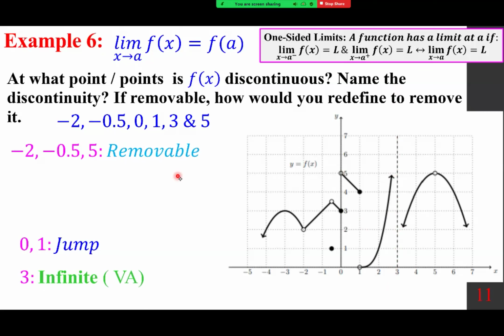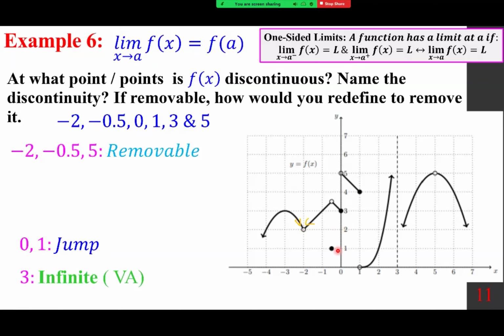So as far as the removable is concerned, let's look at each piece and see how we can fix it. Starting with the first one, at -2, we have a hole here. What is the limit? The limit is 2. If the limit is 2, if we redefine such that f of -2 is a 2, that fixes the problem.